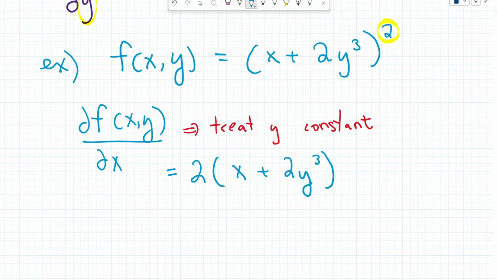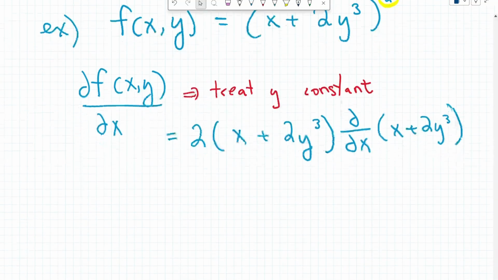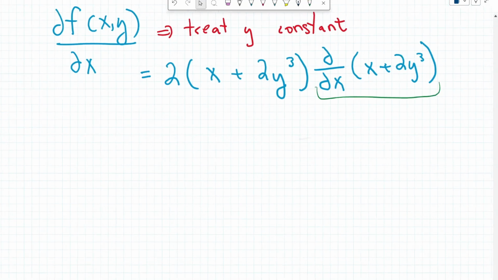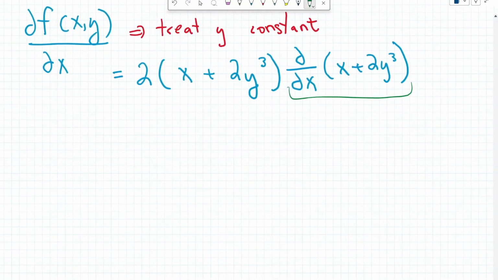And now we want to take the partial derivative of the second portion with respect to x. So we have the derivative of x plus 2y cubed, and that's the only difference here. Now let's calculate this portion. Again, we want to be treating y as the constant. So what is the derivative of a constant?